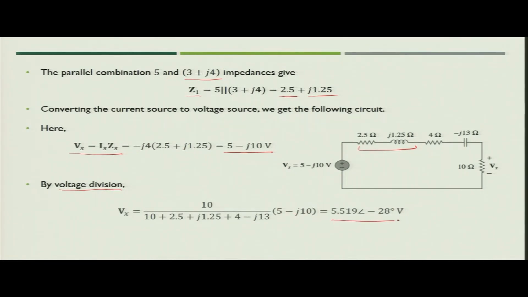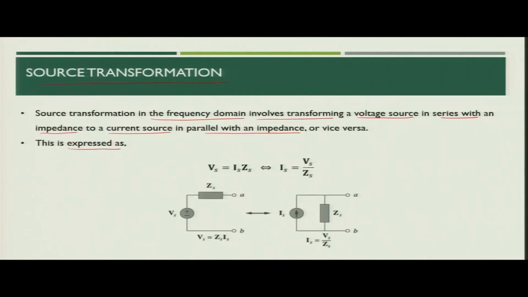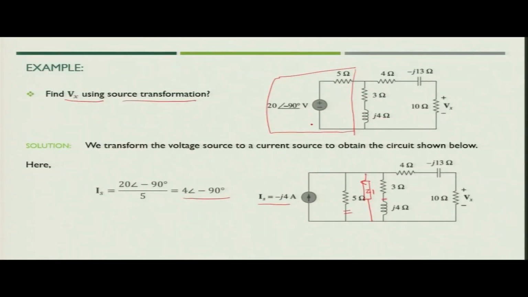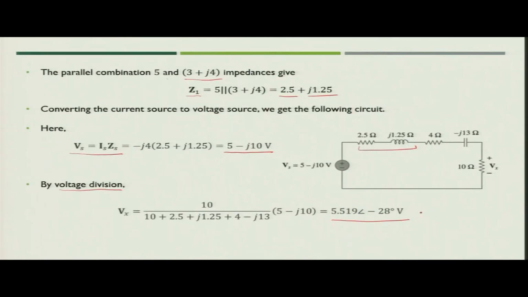When you simplify, you get the value of Vx. So, by successive implementation of source transformation in the circuit, you can simplify the network and find the value of Vx very easily.